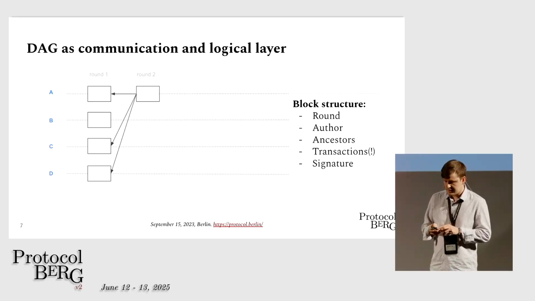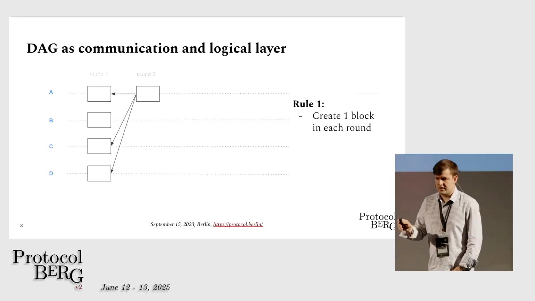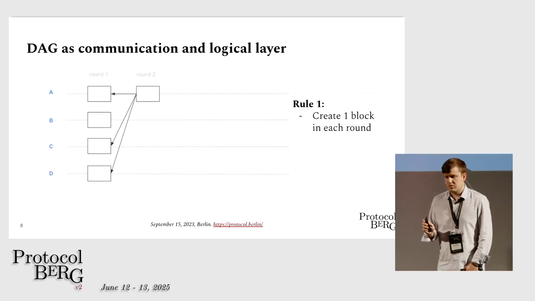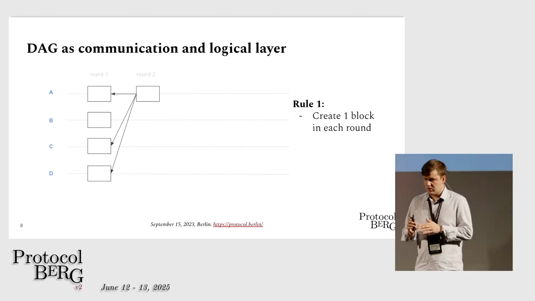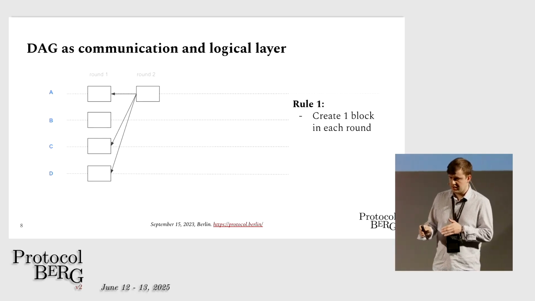Here we have several rules on how we construct the DAG. The first rule is that we try to create a block in each round, and all honest, all correct nodes should create a block in each round.